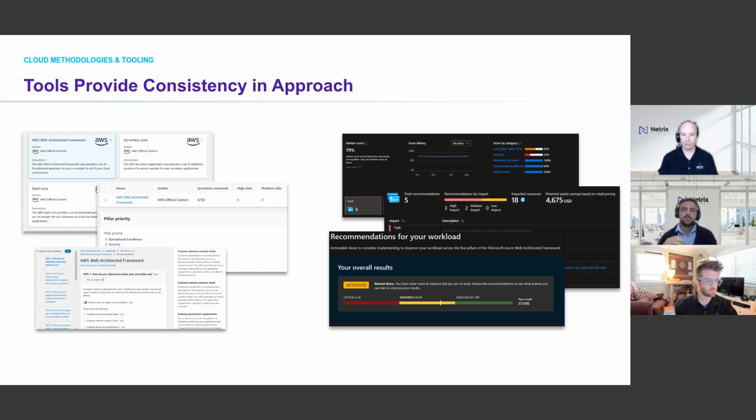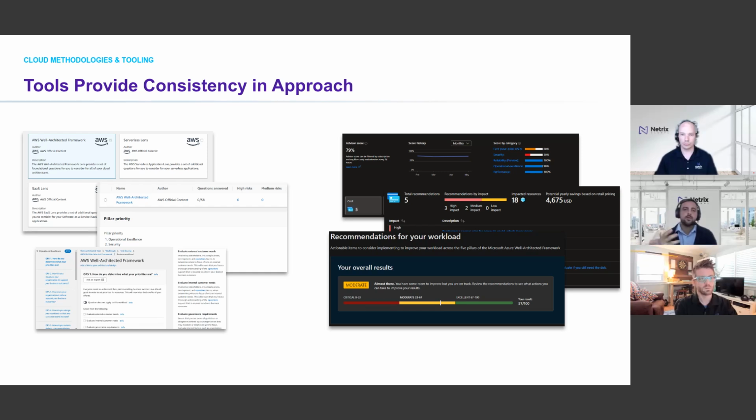On the AWS side, they offer a set of questions for different lenses. It depends on the scenario that you have, whether you have a serverless architecture or a traditional one. By selecting one kind of lens, you will get questions and options that will give you an idea about the risk that you may have in your cloud infrastructure. Then you can follow up with an expert and apply the necessary remediations.